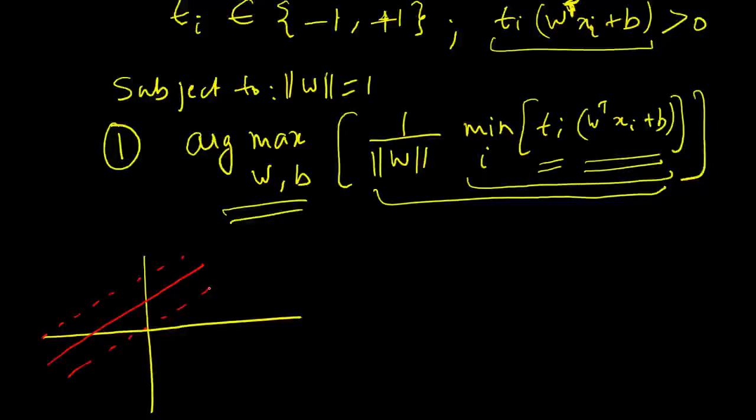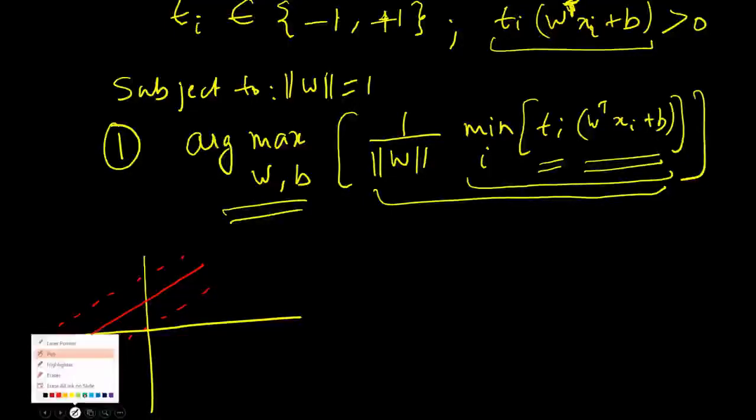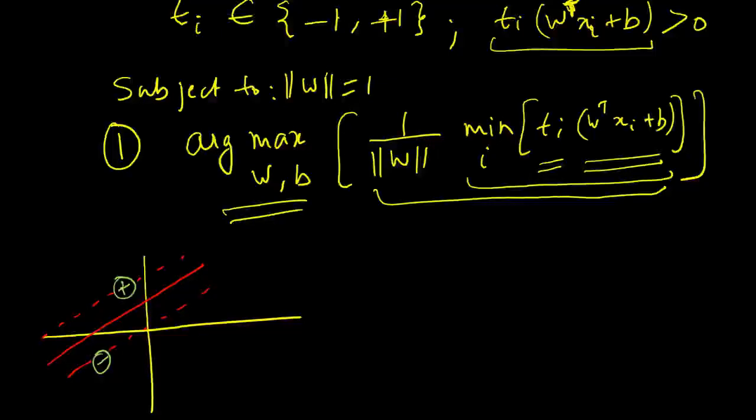So you will have some points, at least one point on the positive side at the margin, and you will have at least one point on the negative side at the margin. Okay. Let me change the color again. We'll have at least one point on the boundary on both sides.